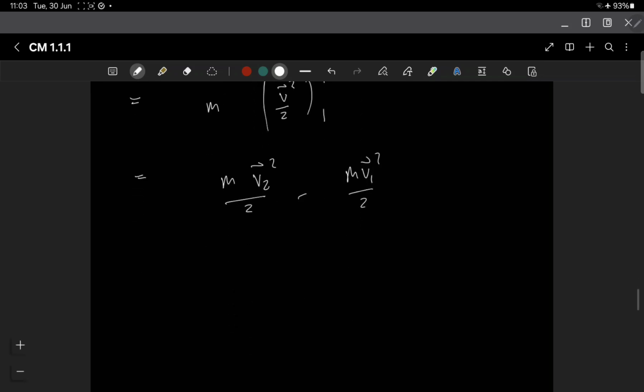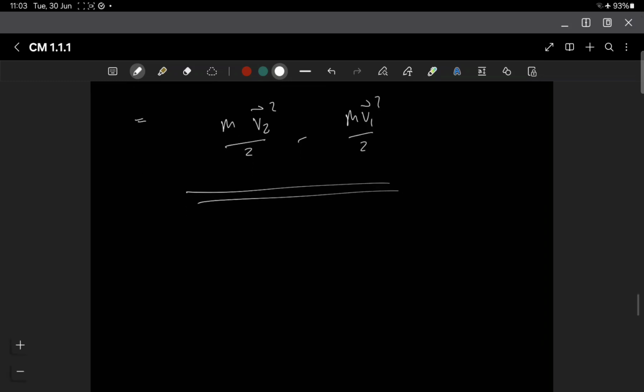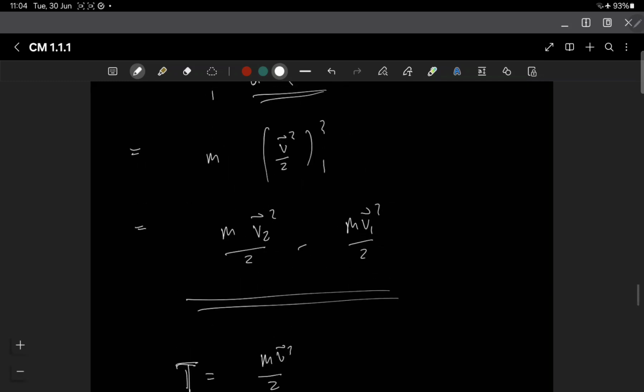And now this is just the change in kinetic energy. So this gives us the definition of the kinetic energy. The kinetic energy of a body is just m times v squared over 2, and T stands for kinetic energy.